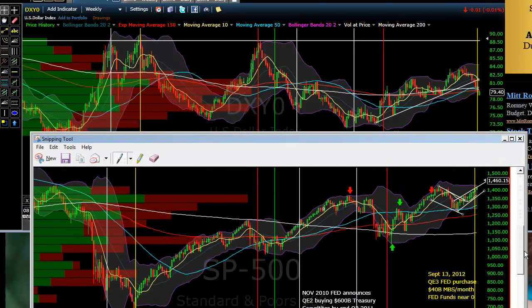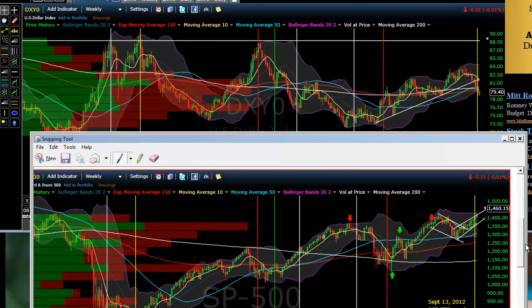With a look at the S&P 500 weekly and the dollar end of day chart above on the weekly. The vertical lines are QE1, QE2, now QE3.